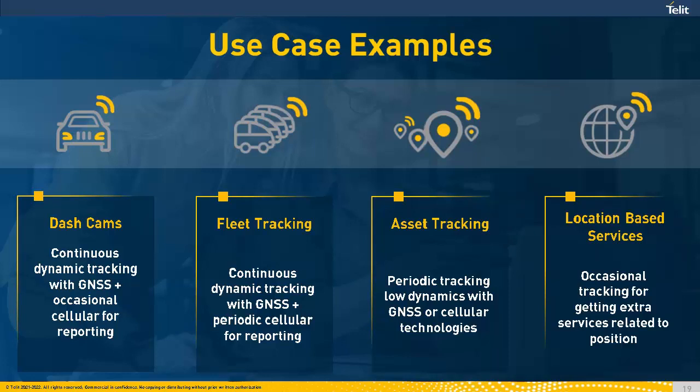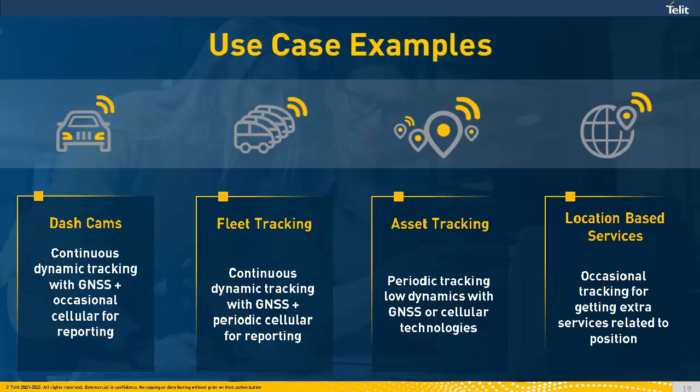Similarly, the fleet tracking use case requires frequent or continuous tracking of the position to ensure that the vehicle is used correctly and in the correct area, and this position information is usually reported more often for correct monitoring of the whole fleet. Also in this case, the required accuracy is usually at meter level, so a GNSS device needs to be integrated into this kind of application.